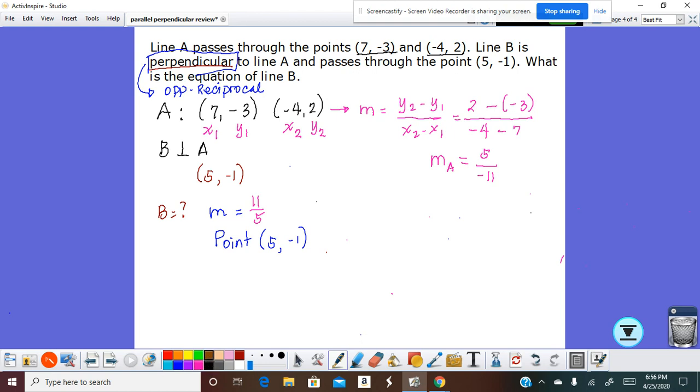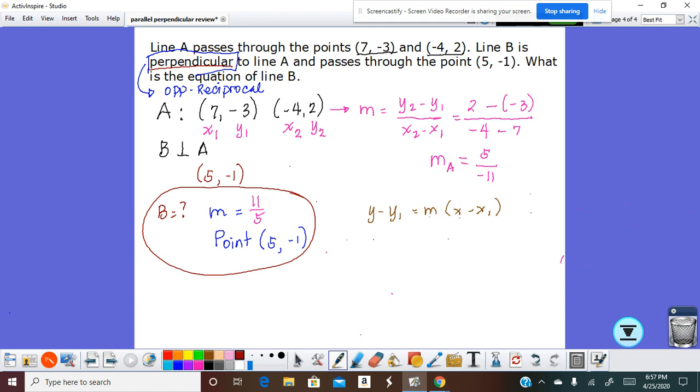Then again, we have our point-slope form, y - y1 = m(x - x1). Since we are looking for the equation of B, we use these values.